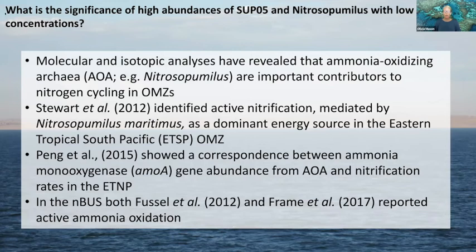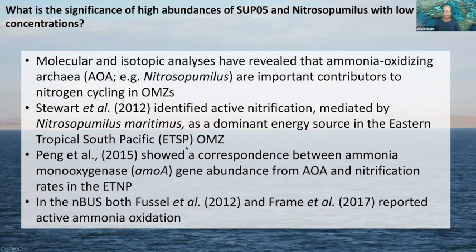Lauren already did a great job talking about why Nitrosopumilus, or this ammonia oxidizing archaea, is important, particularly in terms of nitrogen cycling in OMZs. There's a lot of evidence that this type of archaea is really important in OMZs.